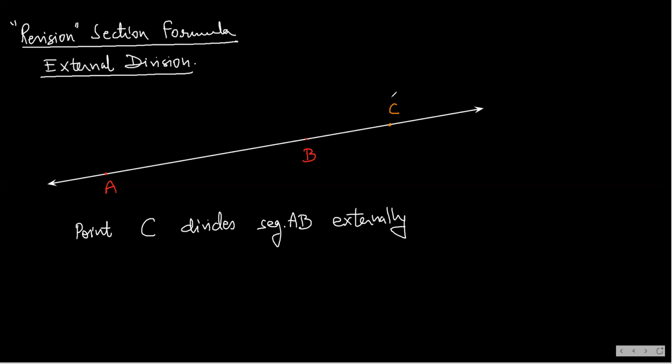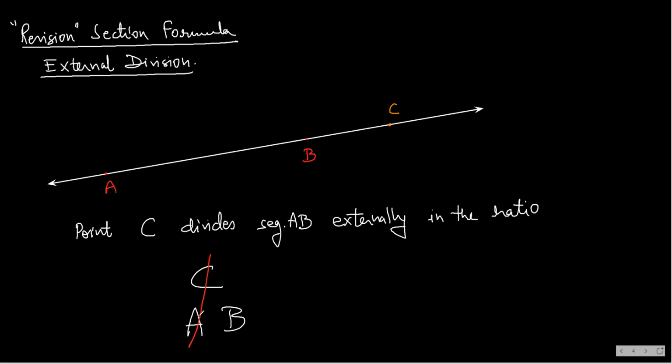So point C divides segment AB, and then I would say externally in the ratio. Now how would I write the ratio? For writing the ratio, whatever I had taught for internal division is applicable here. C is dividing segment AB.